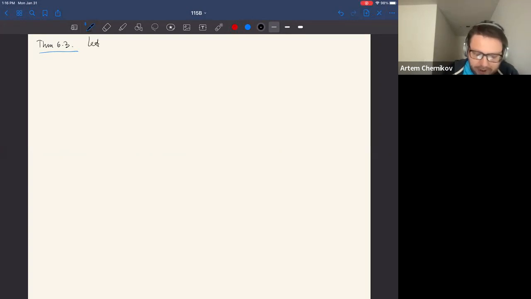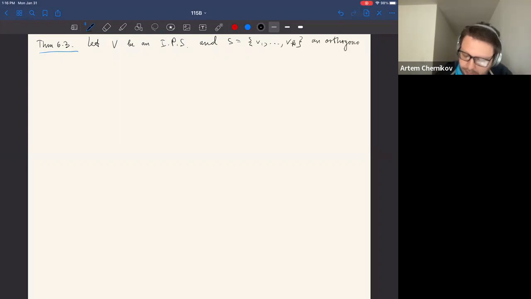Okay, so namely assume V is an inner product space, and assume that S is a set of vectors V1 through Vk in V. So assume this is an orthogonal subset of V, so that all of these vectors are non-zero. So vi is not equal to 0. Okay. Now assume that y is some vector in the span of S.